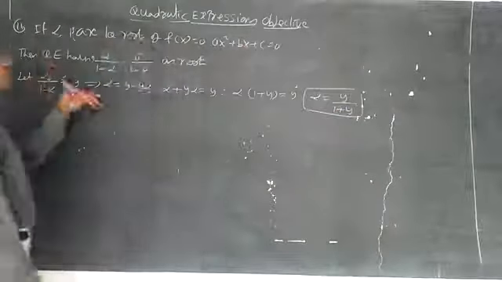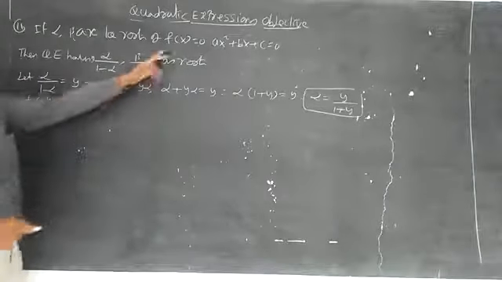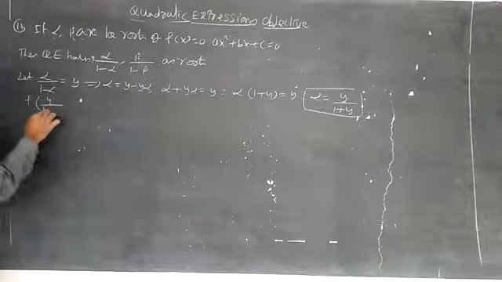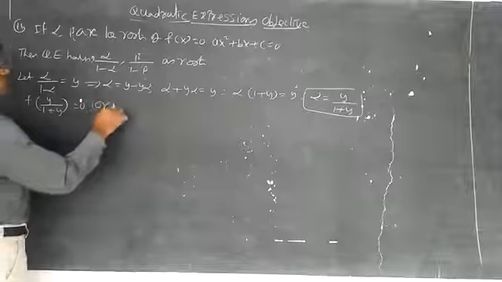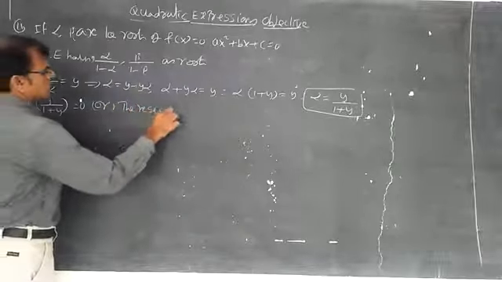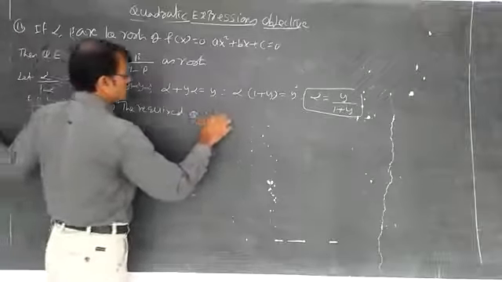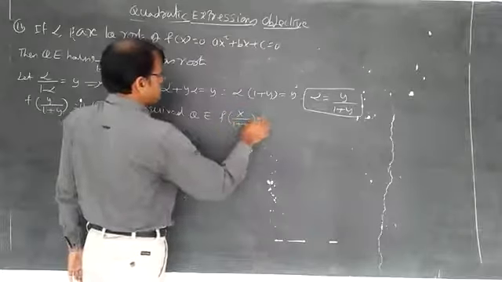So alpha is a root of the original quadratic equation, therefore you can substitute here instead of x. So you can write f of y by 1 plus y equal to 0. This is the required QE, which is f of x by 1 plus x equal to 0.